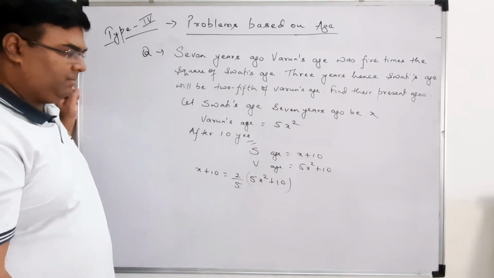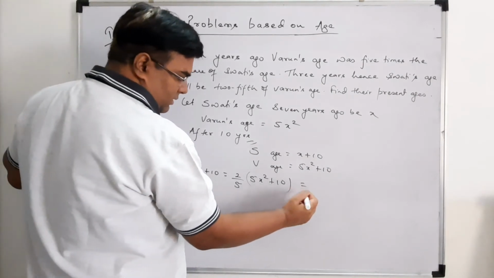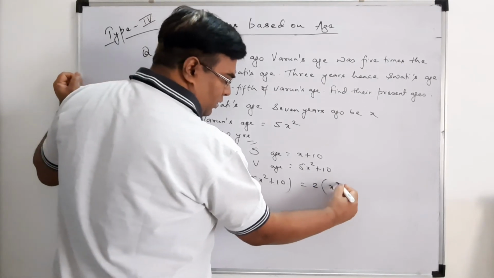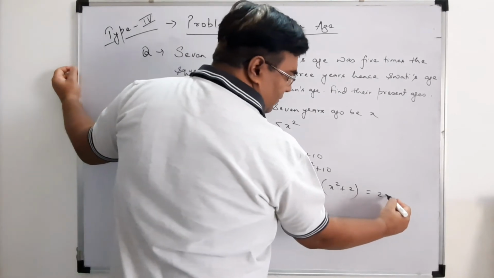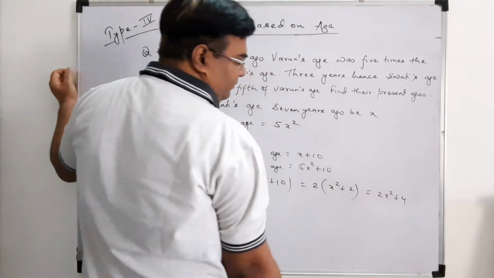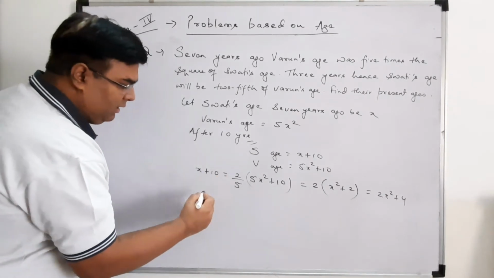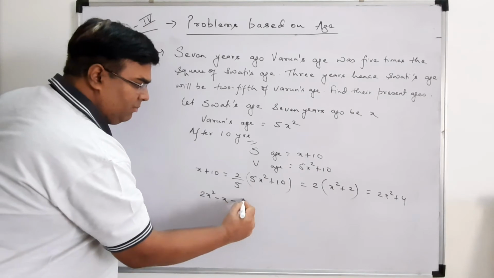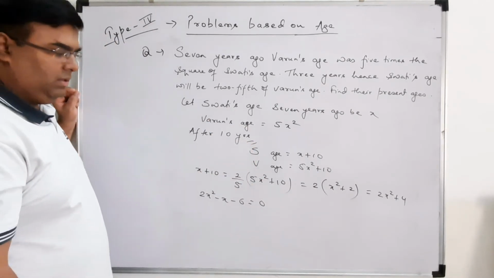like this, correct? So if you simplify this, taking 5 common, we can have 2x square plus 2 and again it will be, so my equation will be 2x square minus x minus 6 is equal to 0, right?